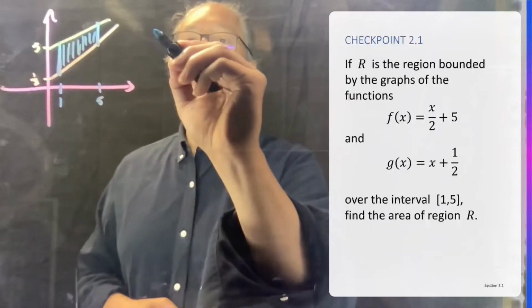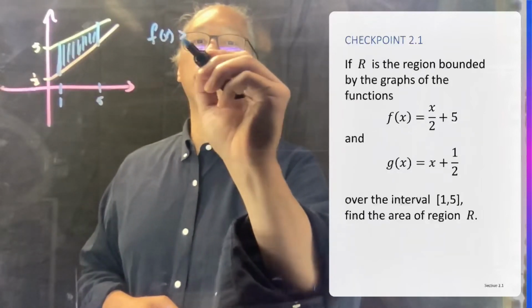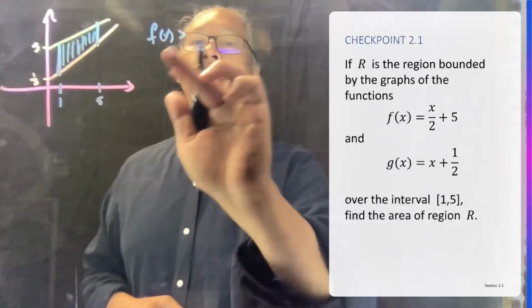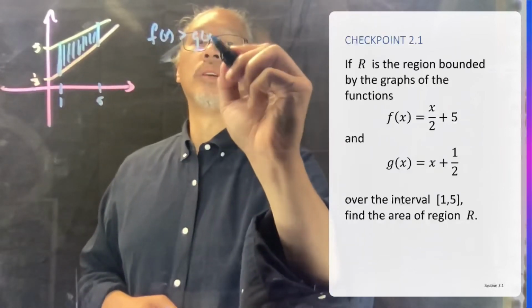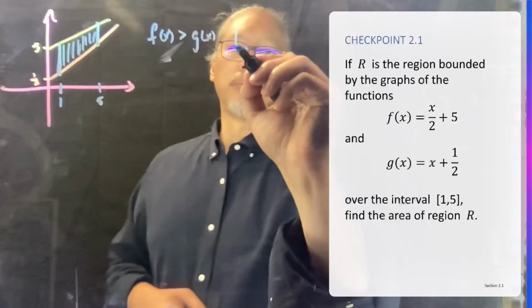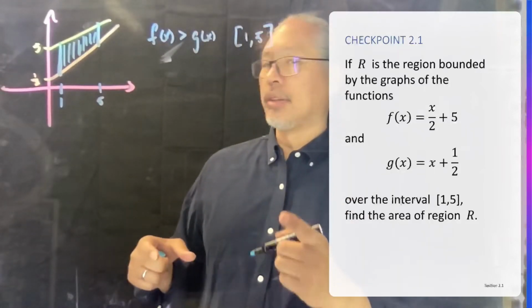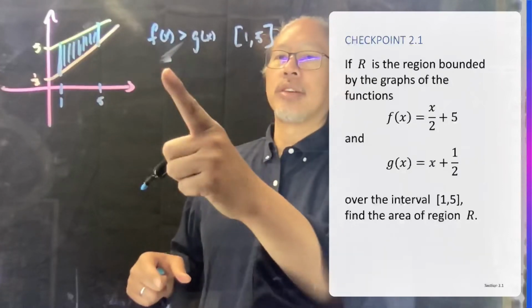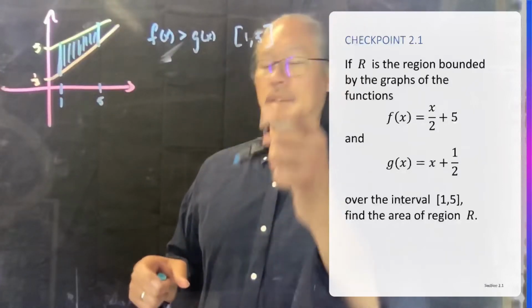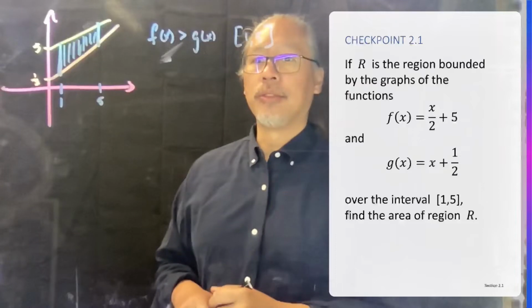Maybe we can write that down. f of x is bigger than or equal to, or just bigger than really, g of x on the interval 1 to 5. So when we set up our integral, we can just have f of x go first and g of x go second, all throughout that integral from 1 to 5.